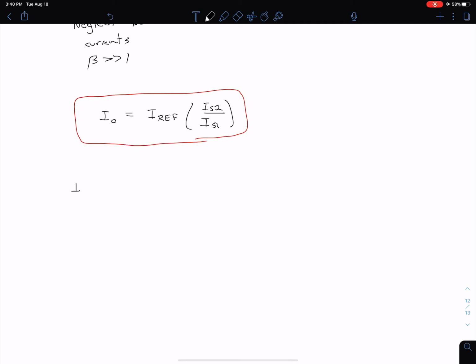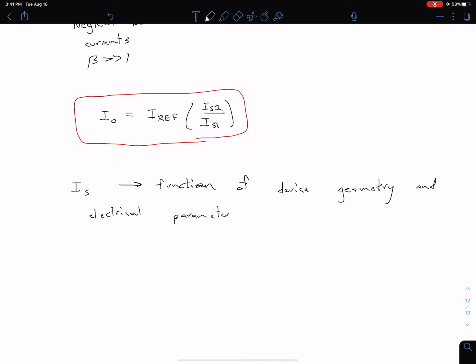It's worth keeping in mind that our reverse saturation currents IS are functions of our device geometry and also the electrical parameters. Maybe there are different dopant concentrations, or different formations that cause the device to behave slightly differently.